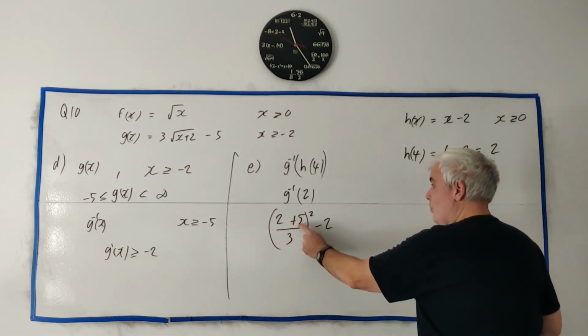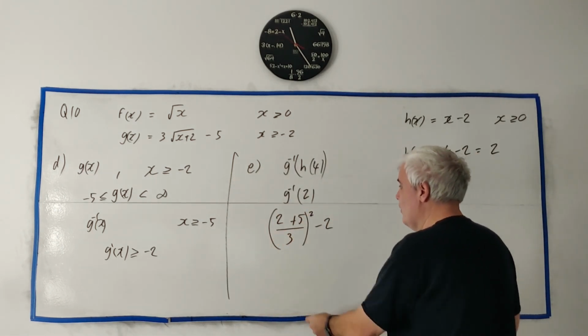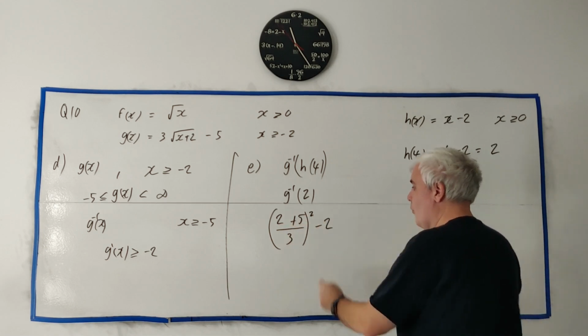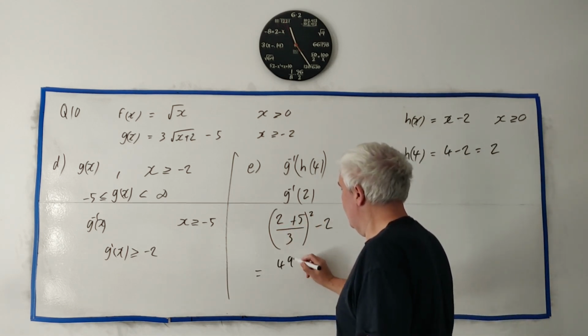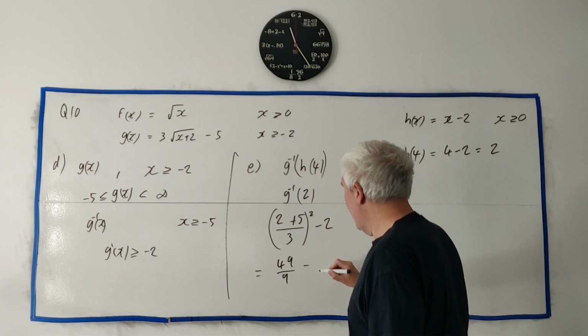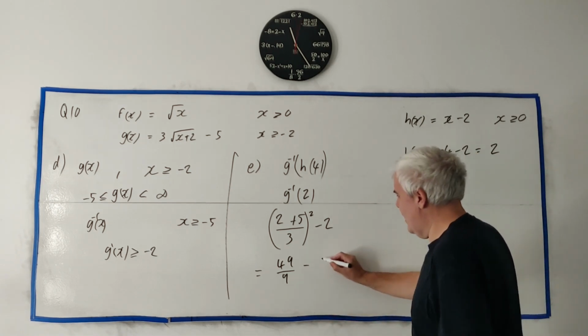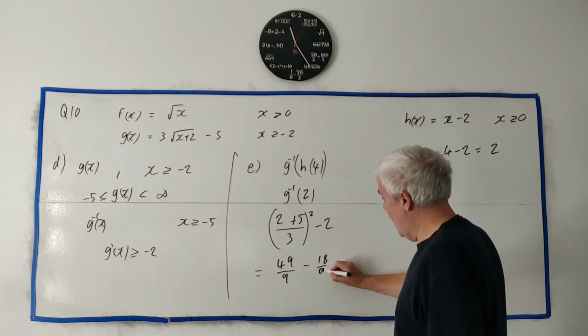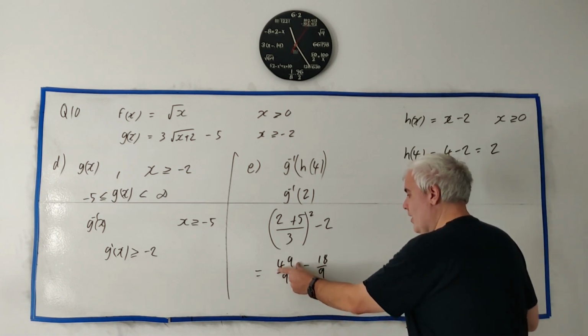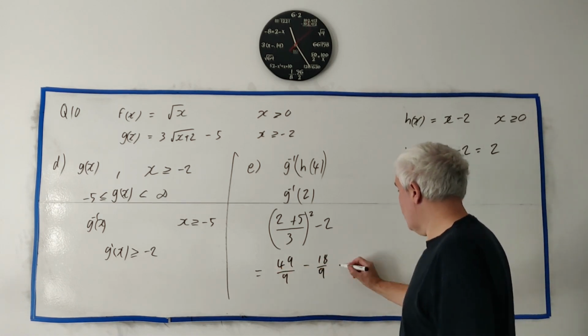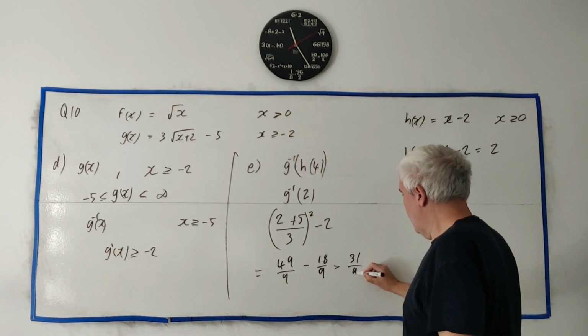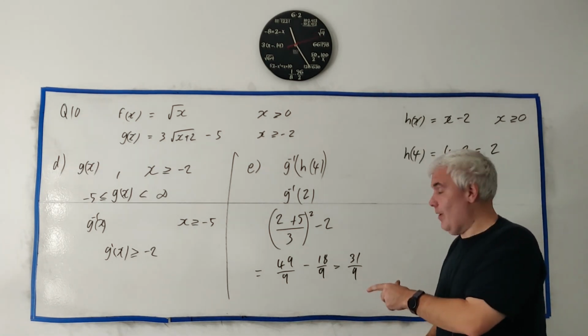And that's just 2 plus 5 is 7. 7 over 3 squared, or 7 squared is 49. 3 squared is 9. Take away 2. 2 is the same as 18 over 9. So 49 take away 18 is 31. 31 over 9 is the answer to part E.